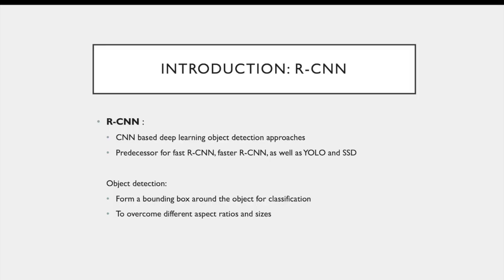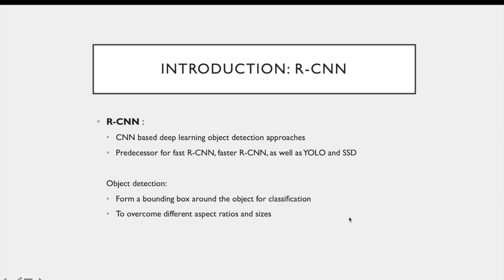Before we move into Faster R-CNN, I would like to briefly introduce R-CNN. R-CNN is known as Region CNN. It is one of the state-of-the-art CNN-based object detection approaches.